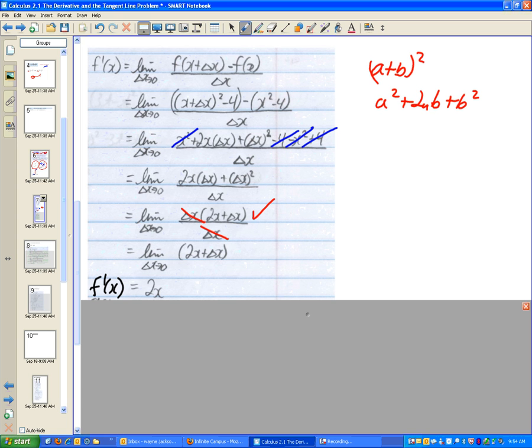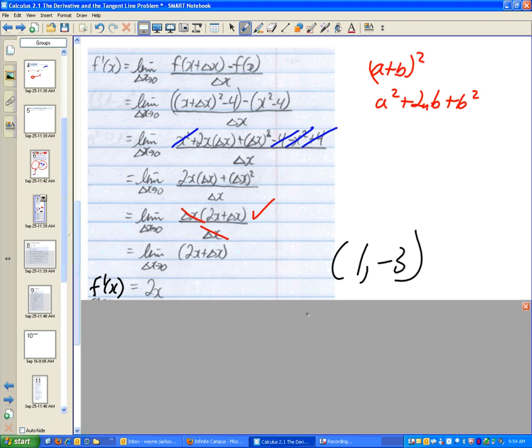If we want the slope of the tangent line at the point where the x-coordinate's -4, we just put a -4 in for x. If we want the slope of the tangent line where the x-coordinate is 2/3, we put 2/3 in for x. The point they gave us was 1, -3. So to get the slope at this particular point, what do we put in for x? 1, the x-coordinate.